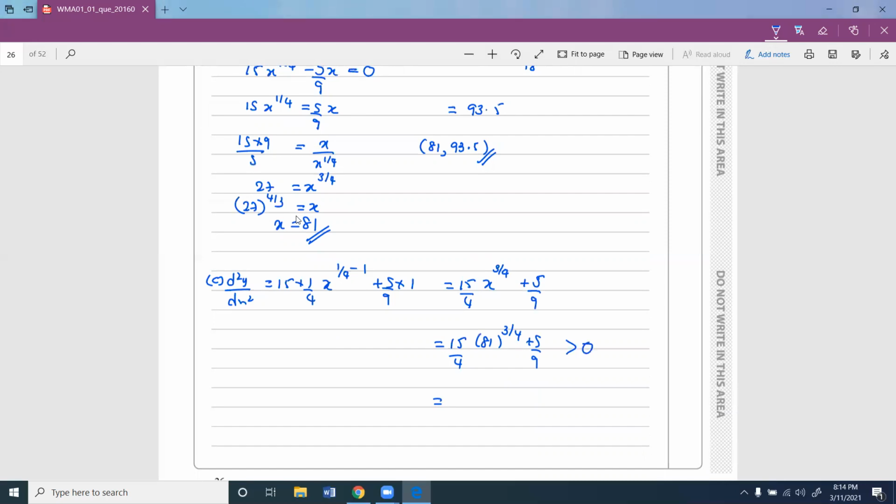So therefore, at x equals 81, the function has a minimum. Because you know that the answer for this one is obviously greater than 0. That's a way of doing this.